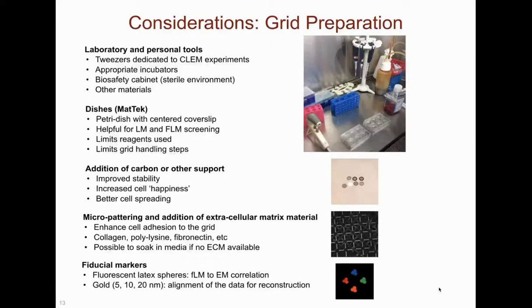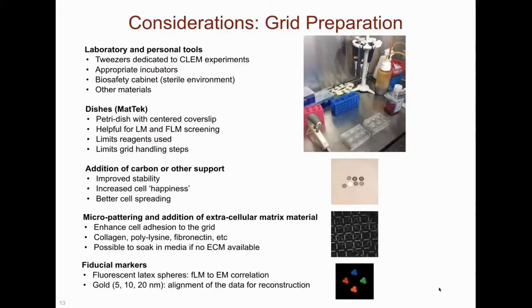We commonly add an additional thin layer of carbon to the grid surface to improve substrate stability and increase cell happiness. Depending on the attributes of the biological target, we may use perforated or continuous carbon films.